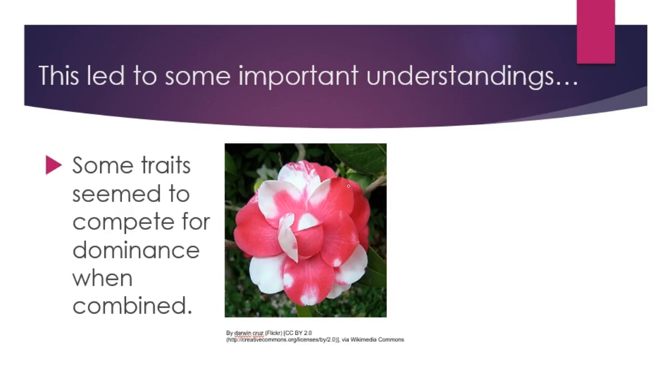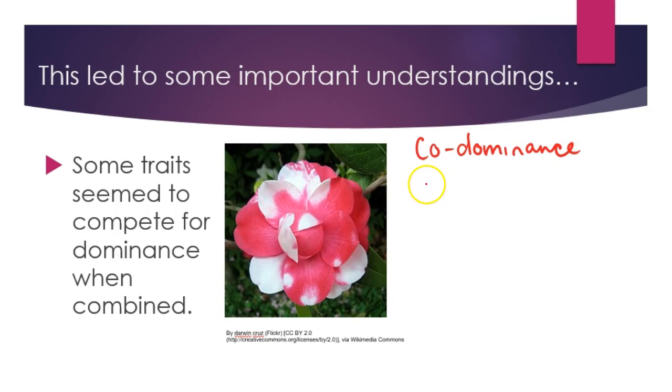Now the next relationship they found was one that they called codominance, and this is where you find two seemingly dominant traits competing in one organism. And this ended up with what we called a roan.